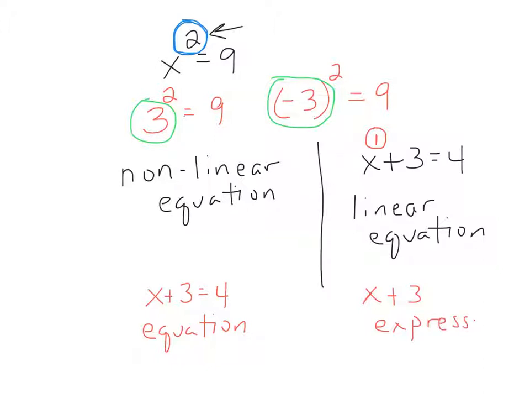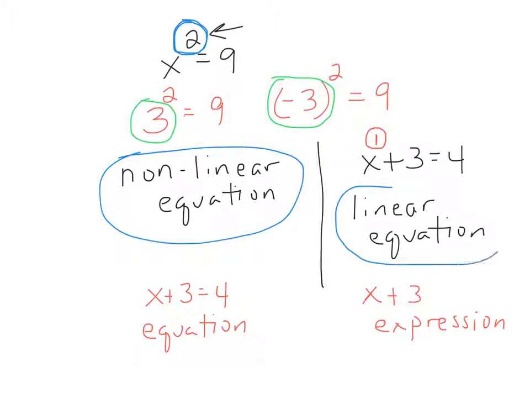Some of the exercises in your book ask you to tell whether something is a nonlinear equation, which means that the variable is raised to a different power other than 1, a linear equation, which is just raised to the first power, or just an expression, where there is no equal sign.